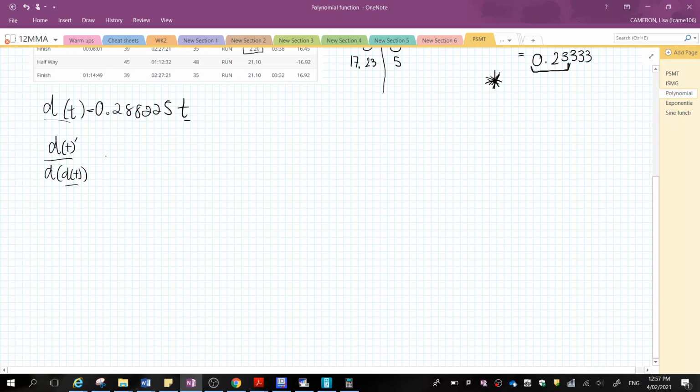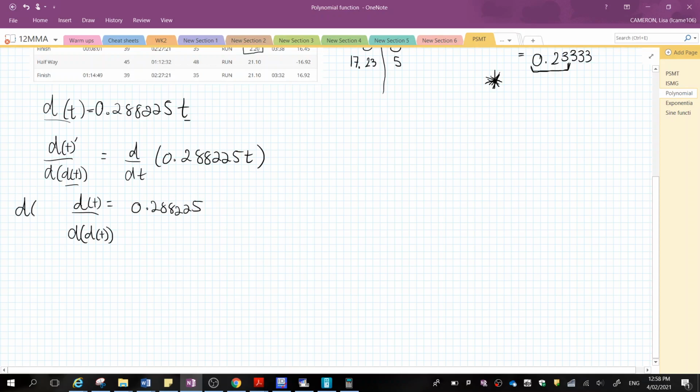So now I'm going to calculate the derivative of this with respect to x, that means I'm going to calculate the derivative of this function with respect, not x, to t, of 0.288225t, which is going to leave me with 0.288225.